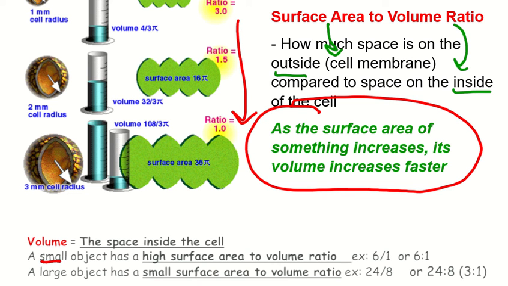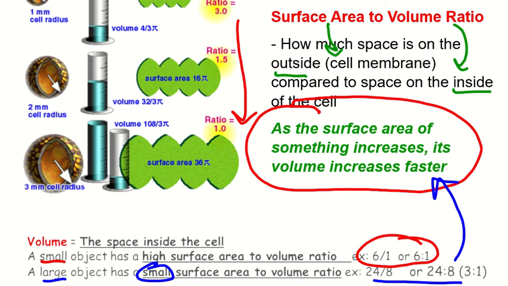A small object has a higher ratio, which is a good thing. A larger object has a smaller ratio because as you increase the surface area, the volume increases faster. So in a ratio, if this number increases faster, then the ratio overall is going to be smaller.